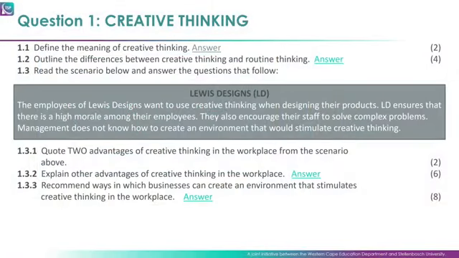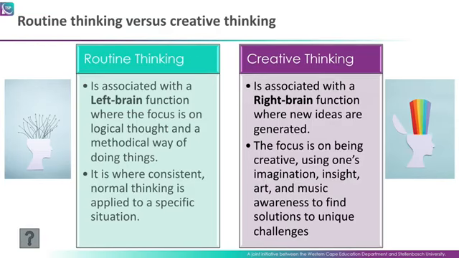And let's have a look at that explanation there. Routine thinking is associated with the left brain function. Okay, that will give you the 1 mark, where the focus is on logical thought and methodical way of doing things. So that will give you the 2nd mark. Right, so that would be routine thinking. And if you are looking for the 3rd and 4th mark, you would need to provide creative thinking is associated with the right brain function.